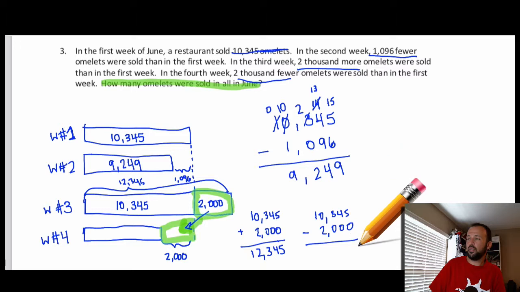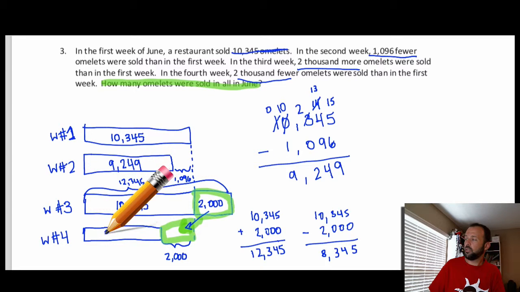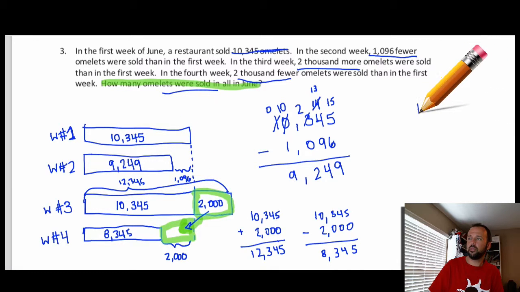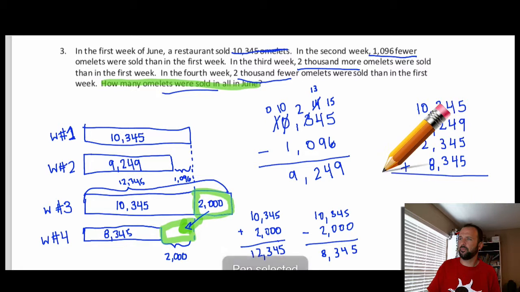And then if I subtracted these, I would have 8,345, which means my week 4 total would be 8,345. Okay? So now I know all 4 of my weeks. They want to know how many omelets were sold in all, so I just have to add up those numbers. All right, there's a lot of numbers to add up. Why don't you go ahead and add yours up, I'll add mine up, and then we'll come back in a second and see what we got.